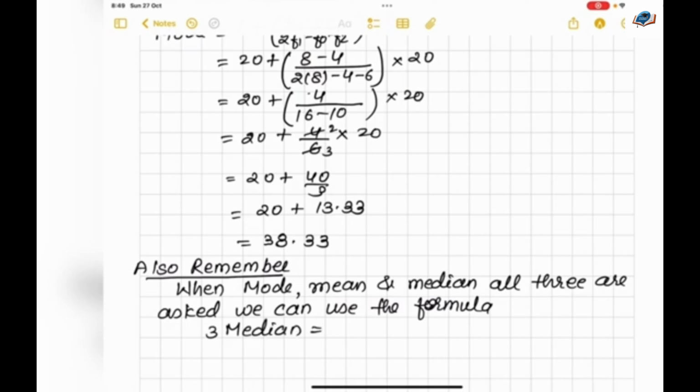That means even if suppose I know mean and mode, I can put the value in this and I can find the median.